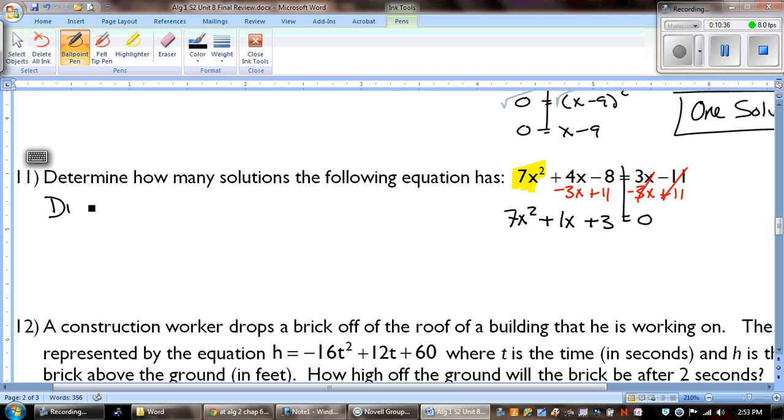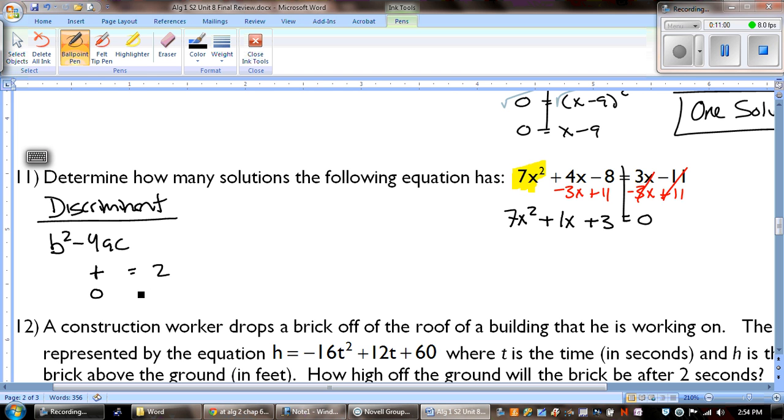Now, there's a really fast way to figure out how many solutions it has, and that's by using the discriminant. Okay, I probably spelled that word wrong, so don't tell Ms. Carranza. Now, the discriminant is the part underneath the square root of the quadratic equation, the b squared minus 4ac. If our answer was positive, it had 2 solutions.